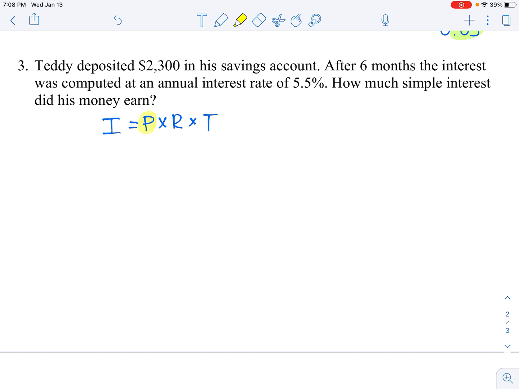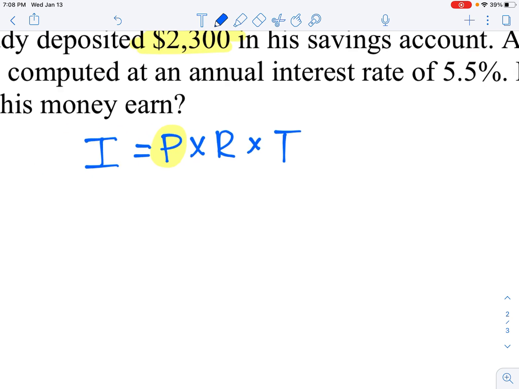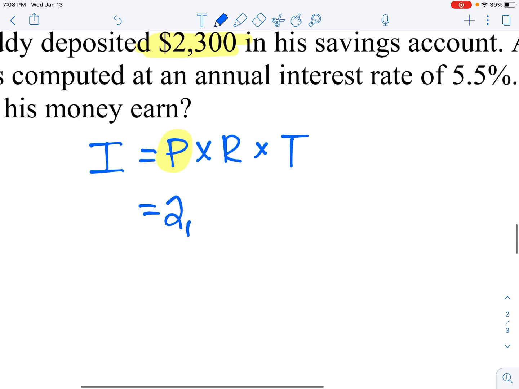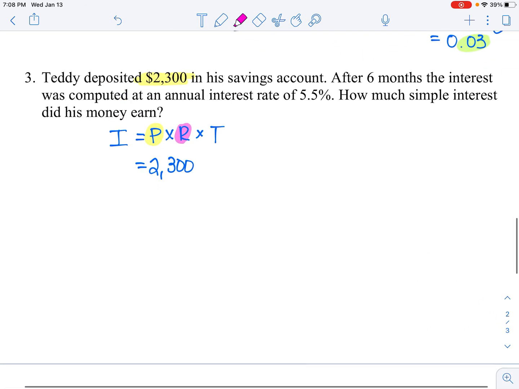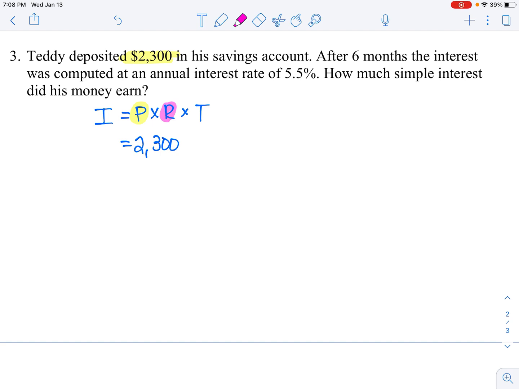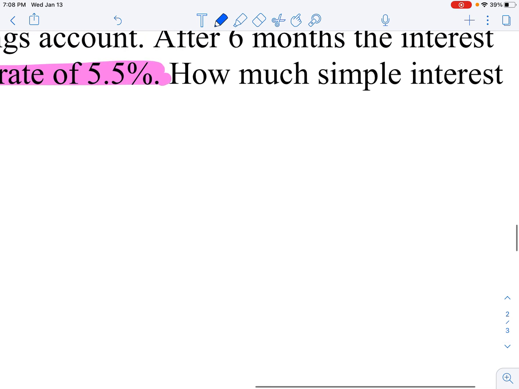So Teddy, he starts with $2,300. Our rate, we're going to go to a different color here. Pink. We're looking for a percent. So if I look carefully, I see we have an interest rate of 5.5. But once again, we can't keep it as a percent.